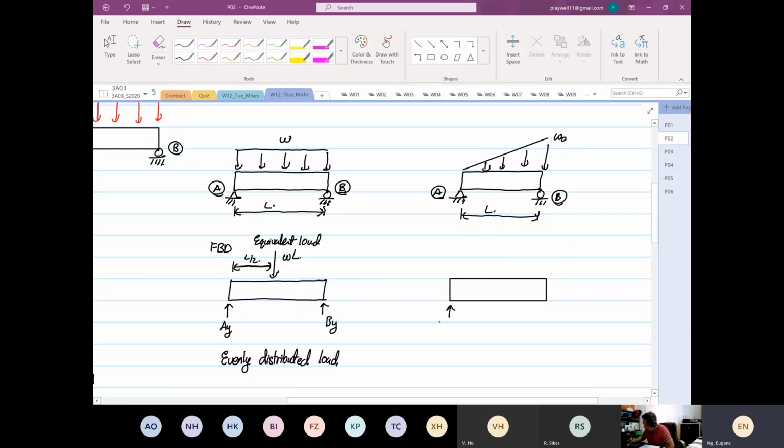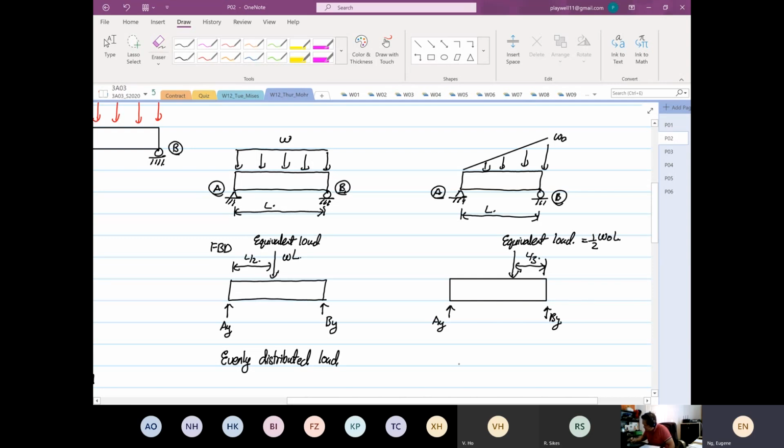So this is our AY and this is our BY, right? And then our equivalent load is more biased towards the right hand side. So this is our equivalent load. The equivalent load is the area under the triangle, so one half multiplied by omega naught L, right? And the position of the equivalent load is L over 3, measured from here to here.